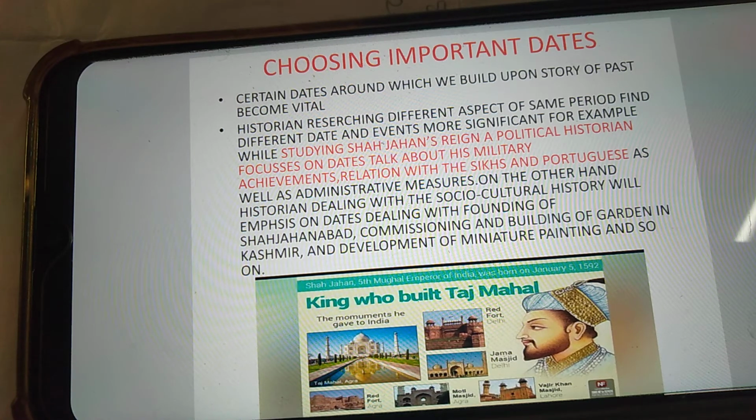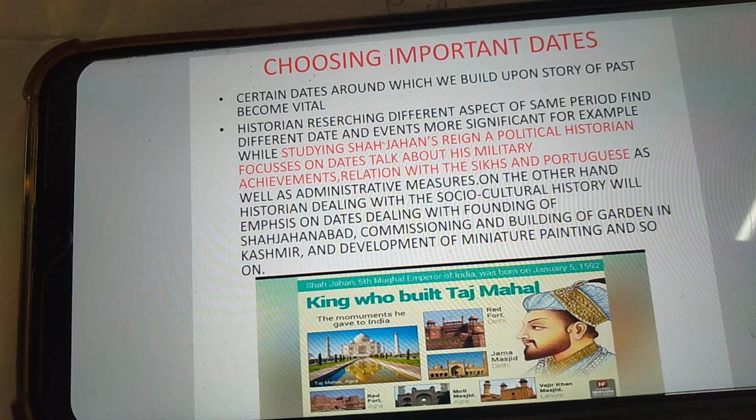On the other hand, a historian dealing with social cultural history will emphasize dates dealing with the founding of Shahjahanabad, commissioning and building of gardens at Kashmir, and development of miniature paintings and so on. Here is a picture of Taj Mahal and other monuments built by Shah Jahan.